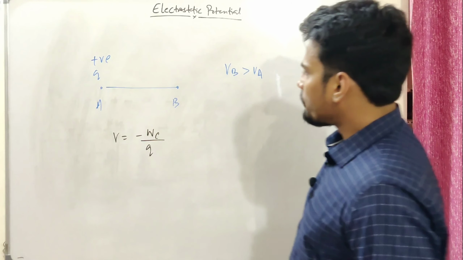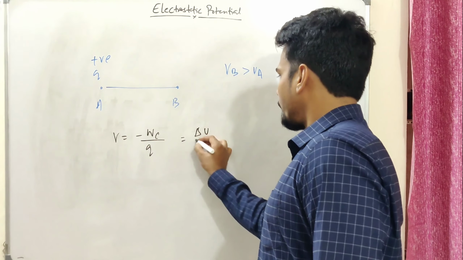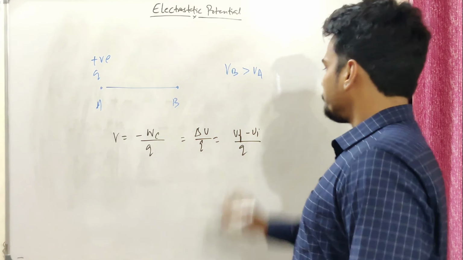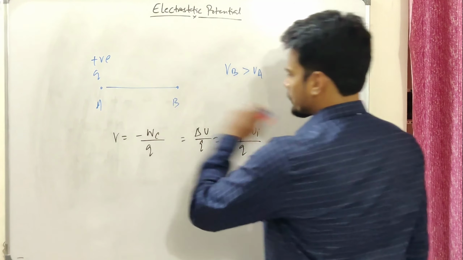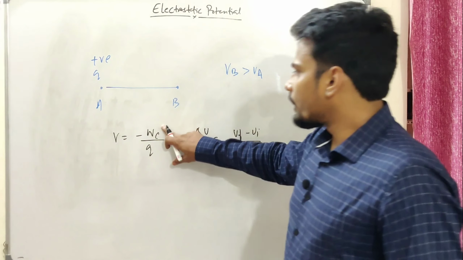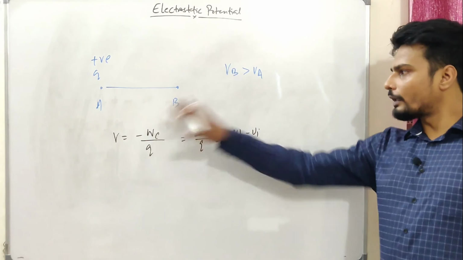Now if it is moving from a lower potential to higher potential, that's going to be delta U by Q, that is U final minus U initial over Q. U final is going to be more than U initial. It means if I look at the magnitude, guys, the work done is negative, it means decreased, negative work is done.